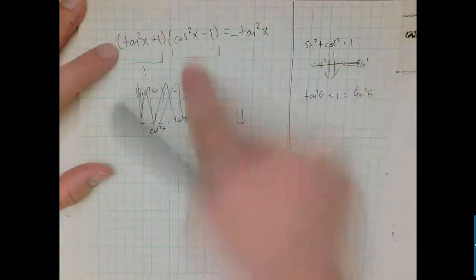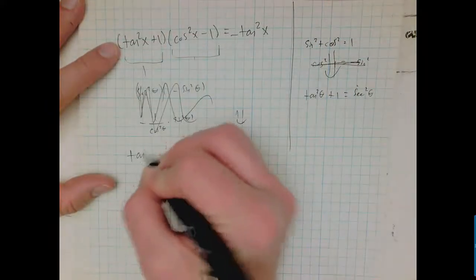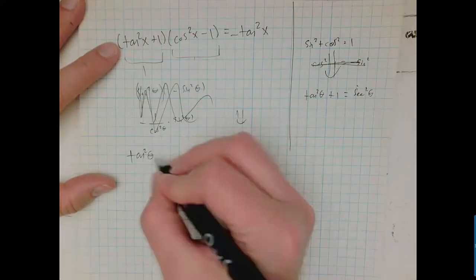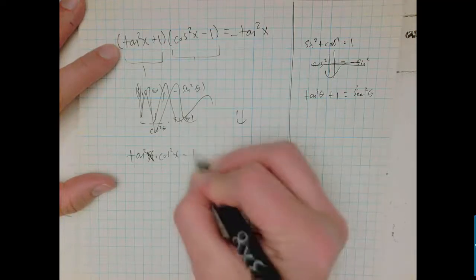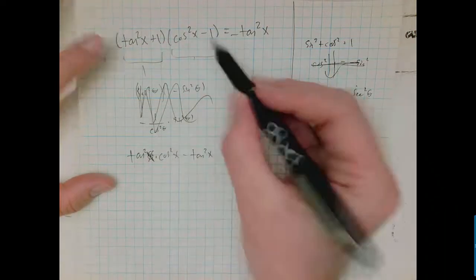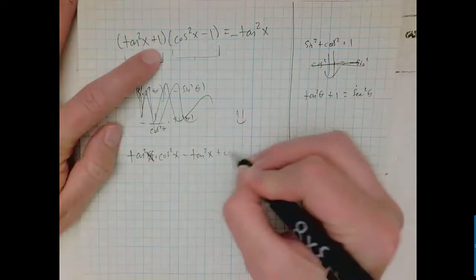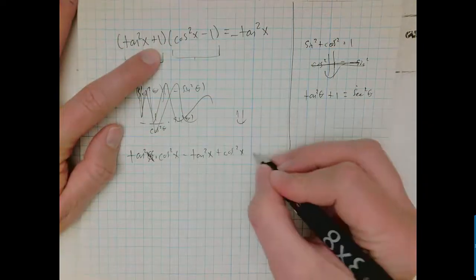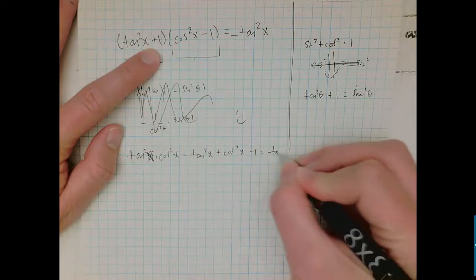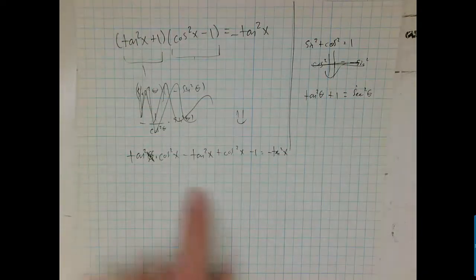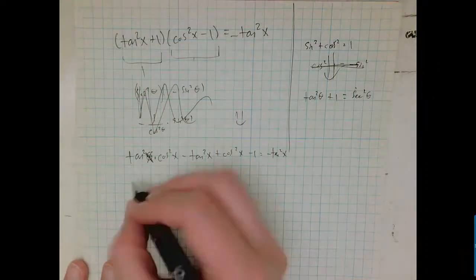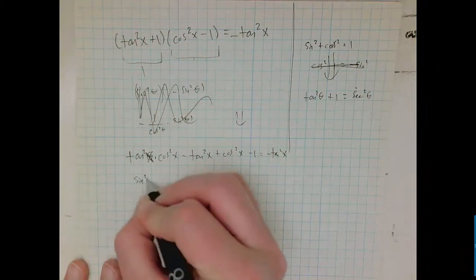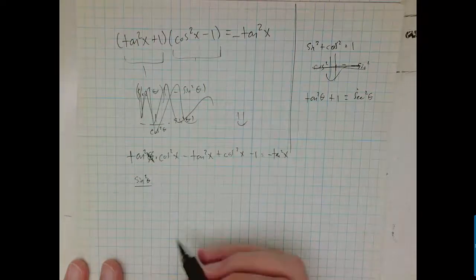If I multiply this whole thing out, it's going to be a little ugly. So tan squared x times cosine squared x minus tan squared x here plus cosine squared x minus 1 equals opposite tan squared x. Okay, so what's going to happen now? Let's rewrite tan squared in terms of sine and cosine.